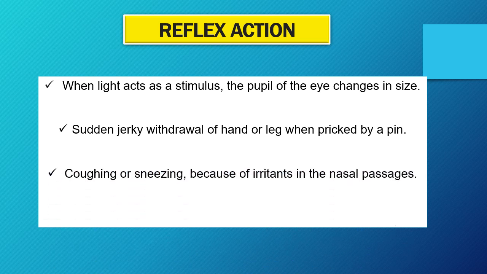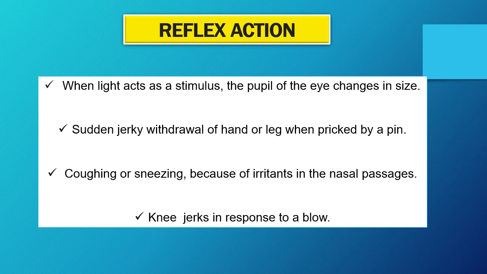We cough or sneeze because there is a nasal irritation in our nasal passage. When there is a blow to our knee, we feel a sudden jerk. When you accidentally place your hand on a hot pot, we jerk it back before we even become consciously aware of the situation.